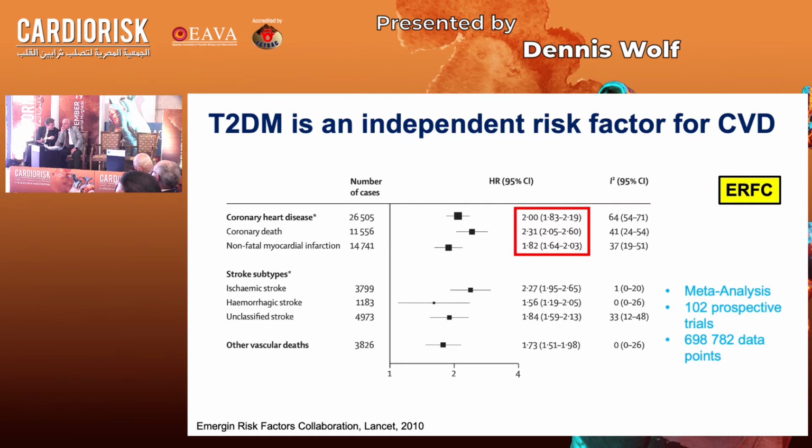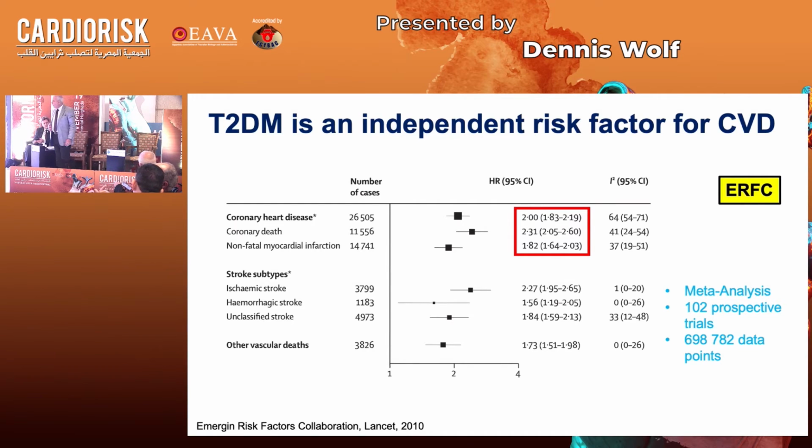The question, however, is what defines a patient with diabetes. Of course, we do know that HbA1c levels above 6.5% meet the definition of diabetes mellitus. However, the study I'm showing you here, published in JACC in 2021, shows you that this is not completely precise.